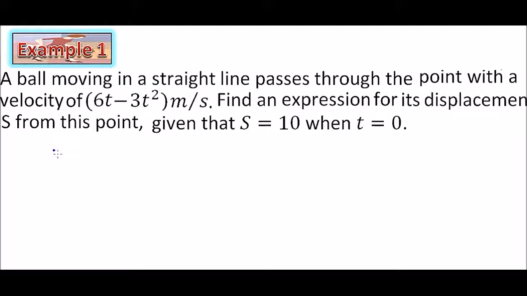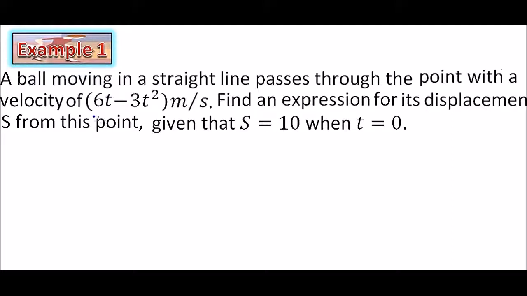So our example 1: a ball moving in a straight line passes through a point with a velocity of (6t minus 3t squared) meters per second. Find an expression for its displacement s from this point, given that s is equal to 10 when t is equal to 0.